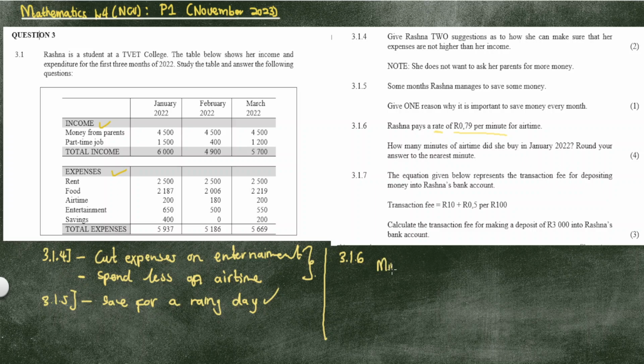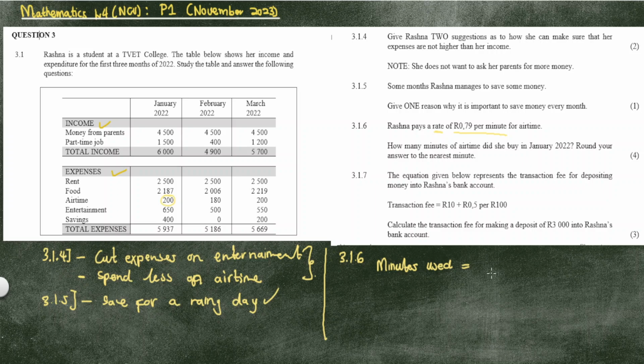Now, minutes used. Minutes used is equal to, how much has she spent on the airtime in January? She spent about 200, right? She spent about 200.